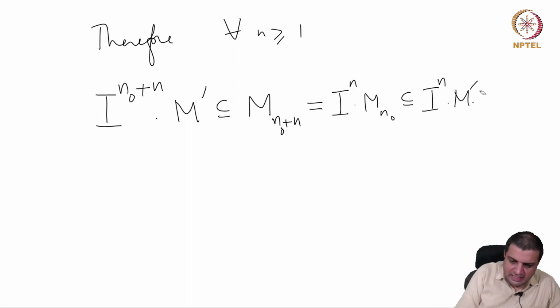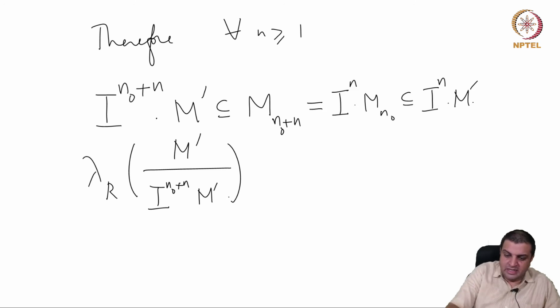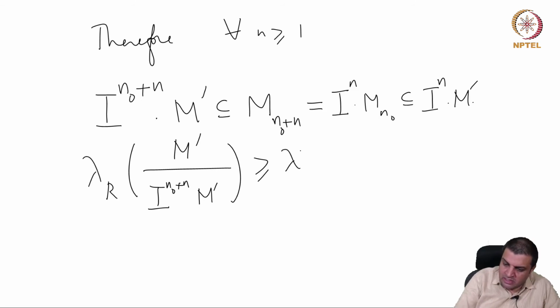Now let's take lengths. This means that the length of M prime mod I^{n0+n} M prime, since we are killing a smaller submodule, will have a bigger length. This is greater than or equal to the length of M mod M_{n0+n}.